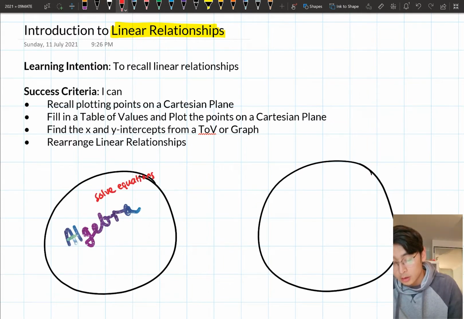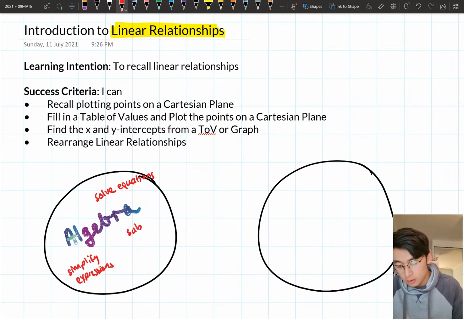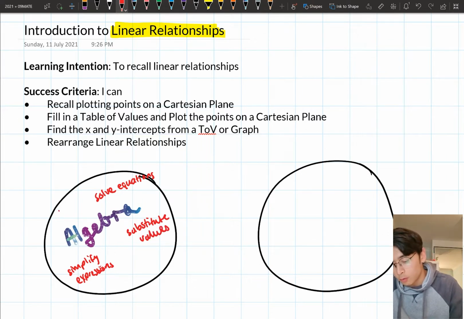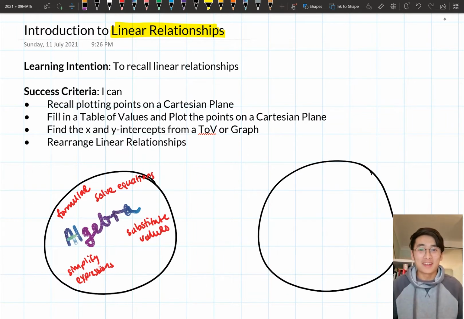You could simplify expressions. You could substitute values. And you could use formulae, for example. Those are all the skills that you looked at earlier this year, and I think it was in term 2 with Mr. Noakes. That was all the stuff that you did with algebra.